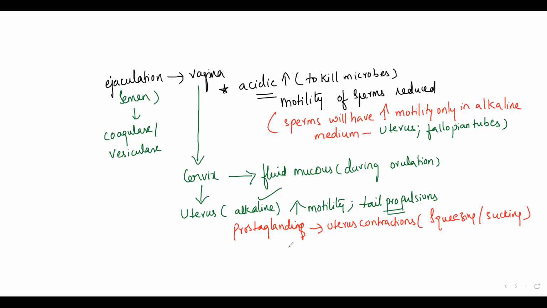And you can see that these sperms are going to move towards which area? The ampulla area. Okay, you have to remember the travel time. Here I make a note: the travel time for a sperm to reach your ampulla is going to be 5 minutes, only 5 minutes.